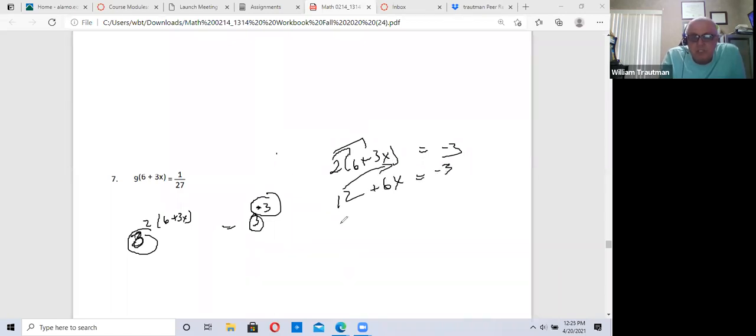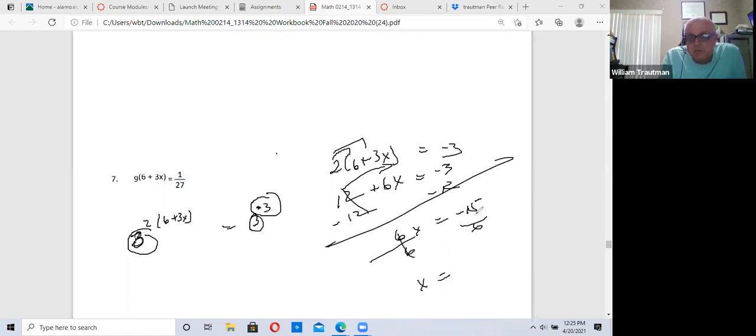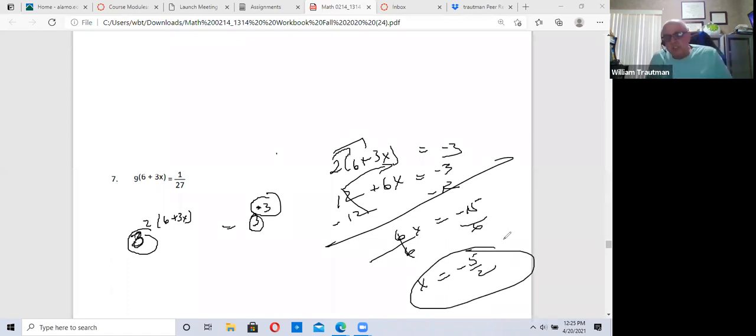Get the 12 to the other side by subtracting 12 from both sides. Negative 15, and then divide by 6. x equals negative 15 over 6, which reduces to negative 5 over 2. There's the answer to number 7. So you've got to get the bases the same, then the tops equal each other.